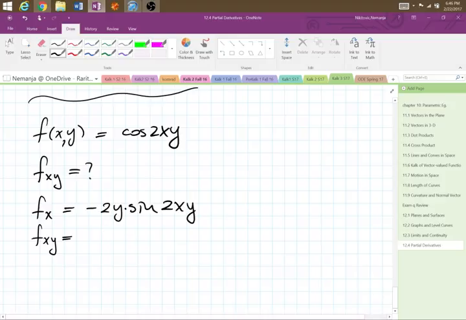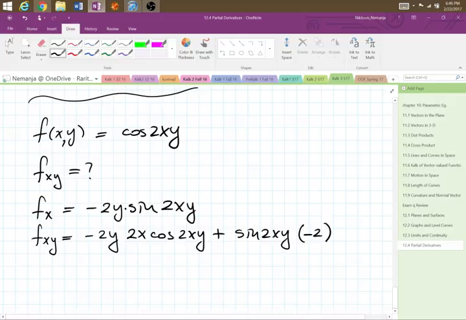So copy the first, which is negative 2y. Derivative of the second, sine, it's a cosine, so 2x cosine 2xy. And then plus, copy the second, which is sine 2xy, times the derivative of the first, which is negative 2. So we actually had to use product rule.